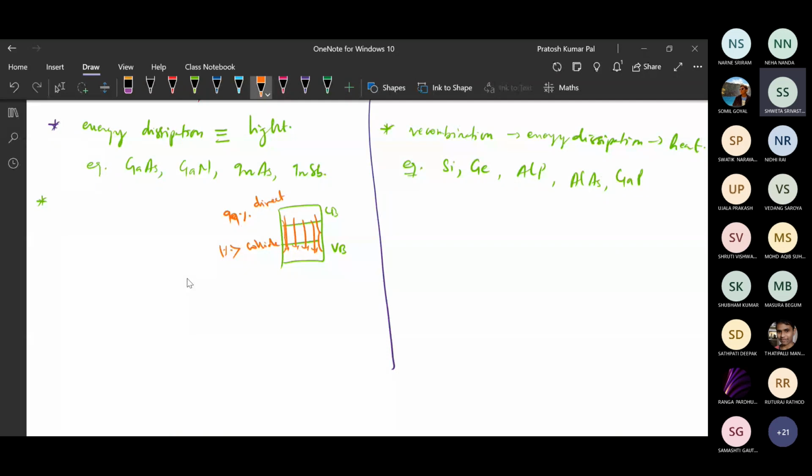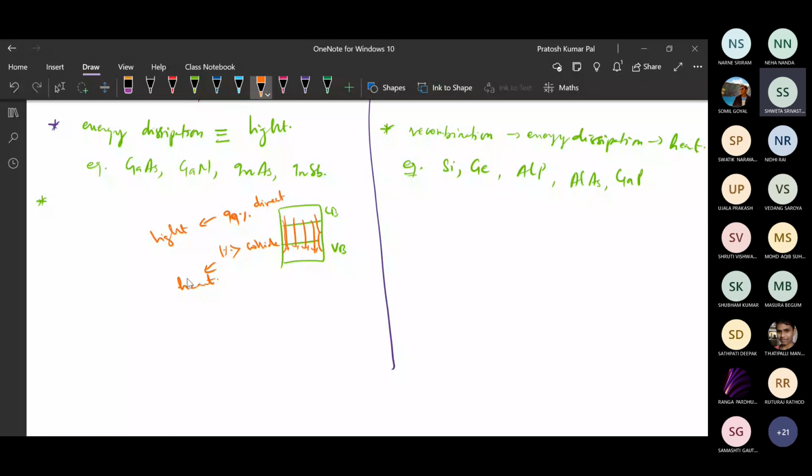Once it is directly moving, it generates light. So 99% of electron movement will generate light, and the collision will dissipate heat, with only a 1% chance. In 99% of cases the light will be generated by dissipating the energy in a direct band gap semiconductor.